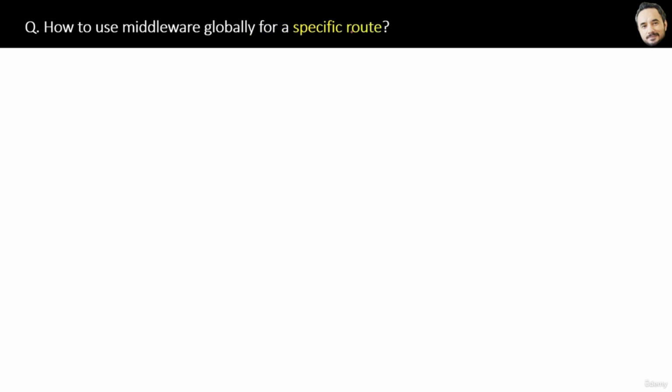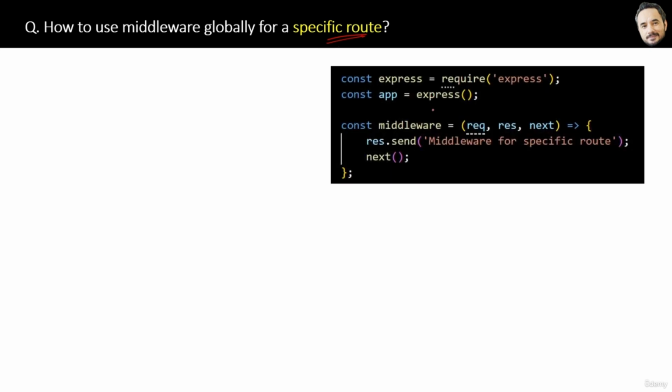How to use middleware globally for a specific route? Let me explain with the help of the code. Here is how we define the middleware, you know. Now our requirement is that we want to execute the middleware only for a specific kind of URL.